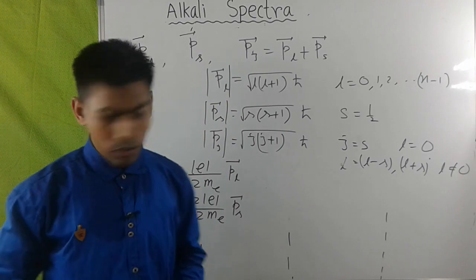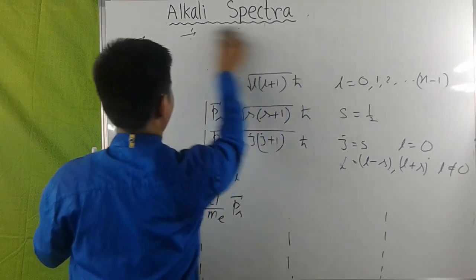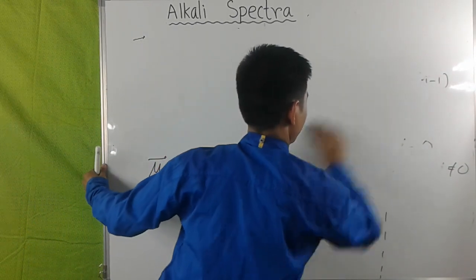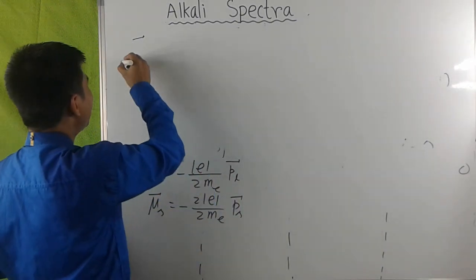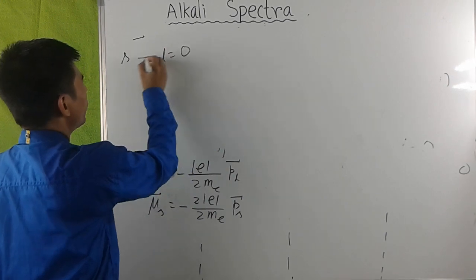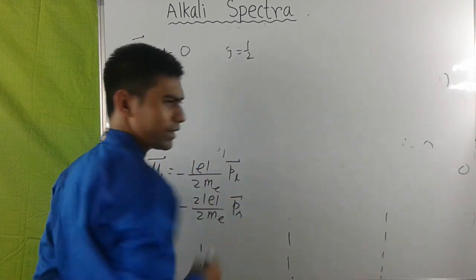Okay. Now in the S state of the electron, L equals 0, and so J can have a single value, 1/2.